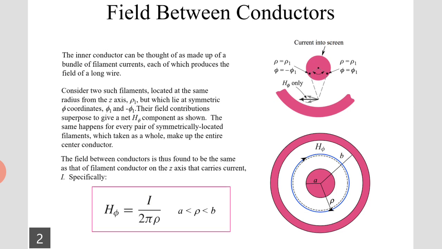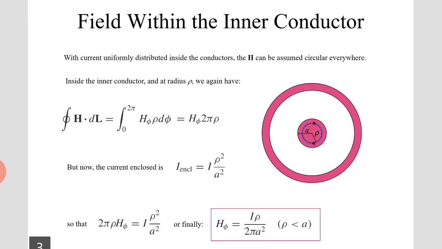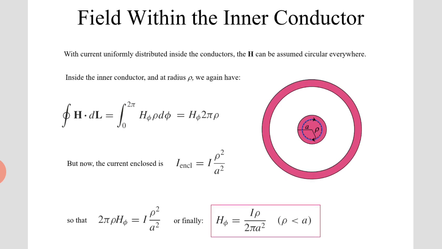Okay, so next we go to the field within the inner conductor, right? You can observe in the diagram there are two conductors: the inner conductor with radius A and the outer conductor with radius B. The field you can see in the figure with a blue line is inside the conductor.